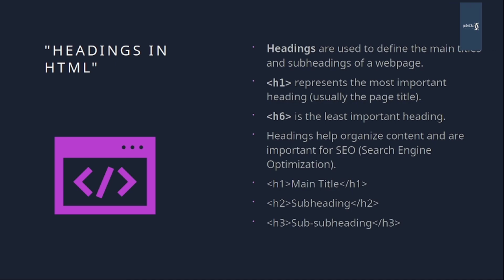Headings help to organize content and are important for SEO, which stands for Search Engine Optimization. Mostly developers use h1 for the main title, and h2 and h3 for subheadings.